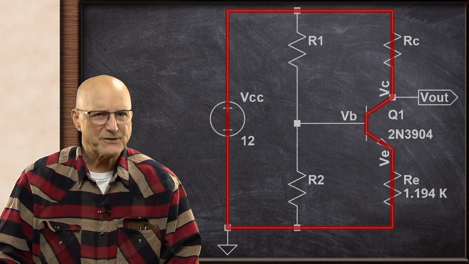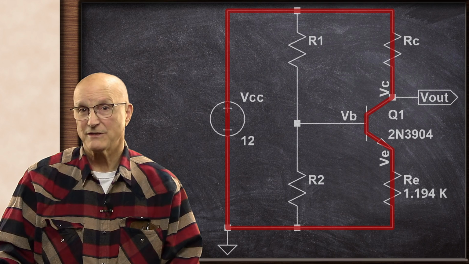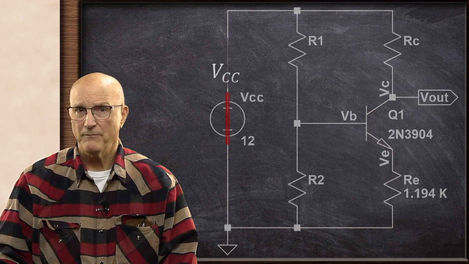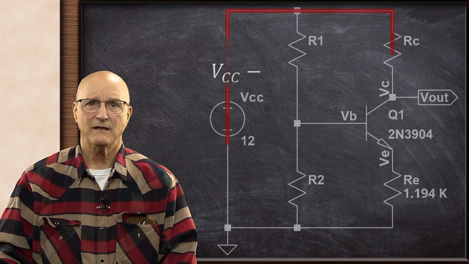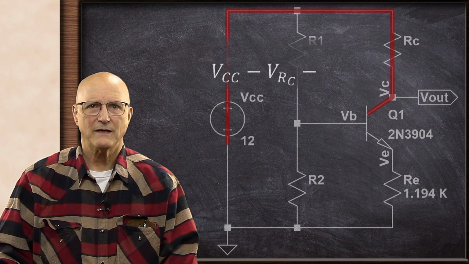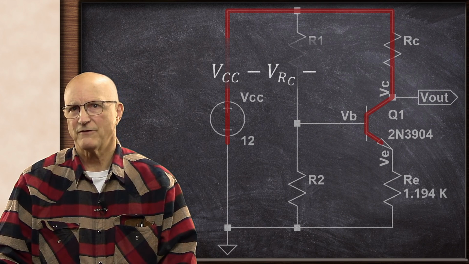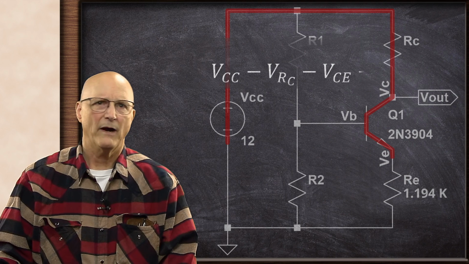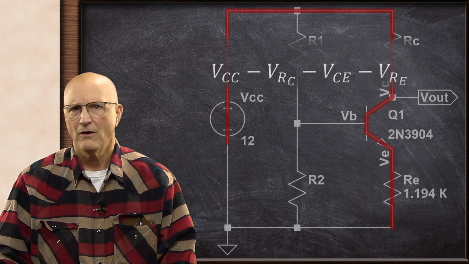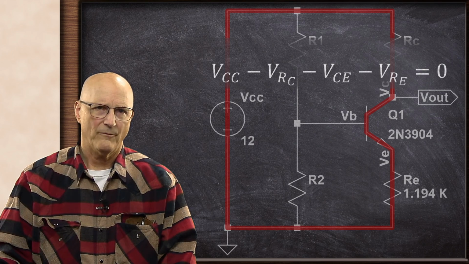Now, let's write the equation that describes this trip around the loop. We have the power supply, VCC, minus the voltage across the collector resistor, VRC, minus the voltage across the collector emitter of the transistor, VCE, minus the voltage across the emitter resistor, VRE, all equals 0.